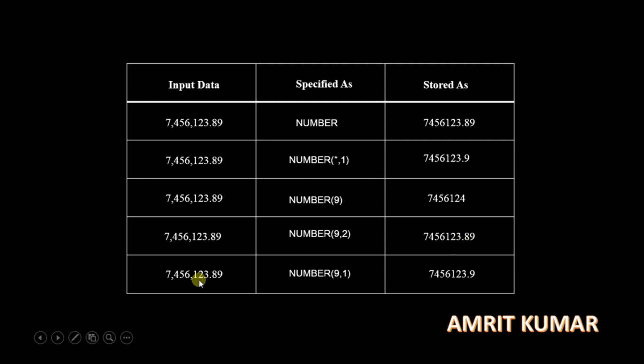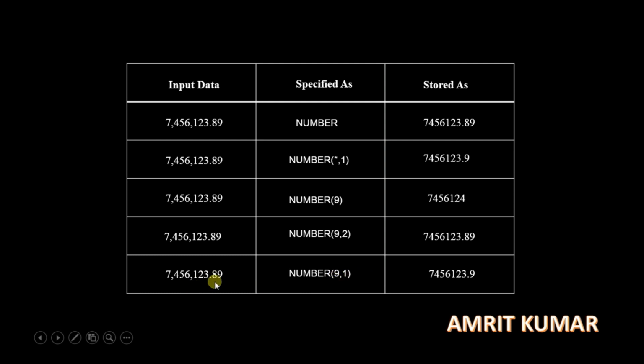Here is another example which is input by the user, that is 7,456,123.89. Now I have given the condition for that number in the database, that the number should follow this order, number 9,1. It means that the precision should be 9 and the scale should be 1.